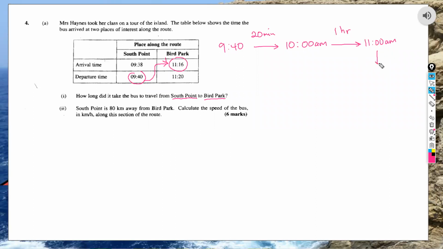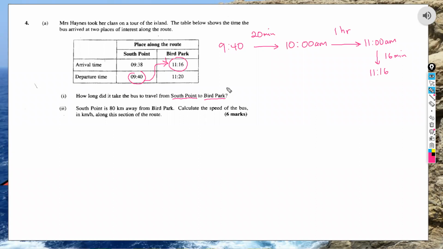Then to reach 11:16, obviously it's 16 minutes from that point. So to me, it's really 1 hour and 36 minutes, if you add up all the values in front of you.